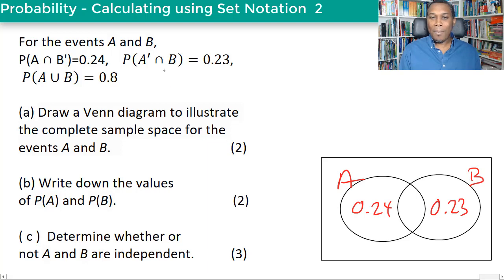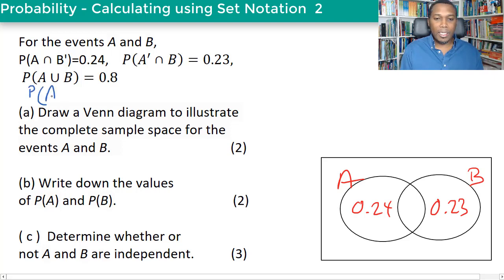So what does that mean for me? A bit of a calculation here. I'm just going to write it in set notation. This is absolutely not necessary in terms of doing the question, but I just want to bring home the use of set notation. That's something I'm trying my best to do.